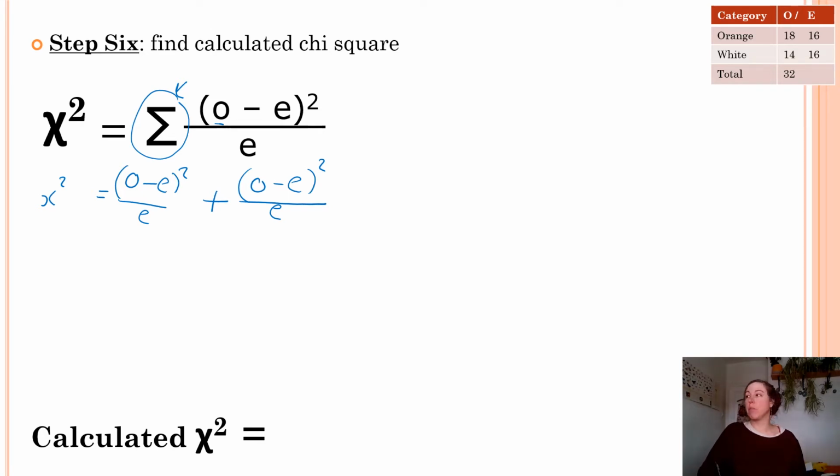We add it to itself for the number of categories. So only 2. We only have 2 pairs of numbers, 18 and 16 and 14 and 16. So we only need to add it together twice. So then we just plug in our numbers. 18 minus 16 squared, 14 minus 16 squared.